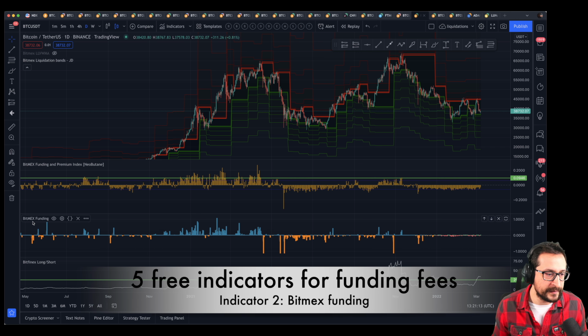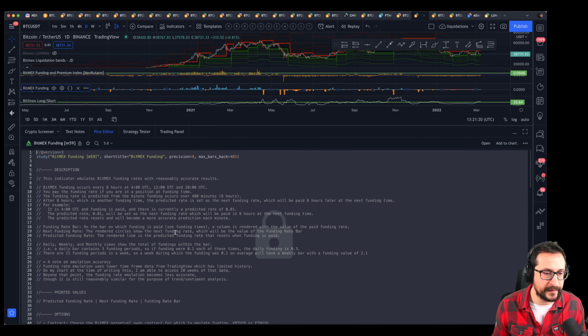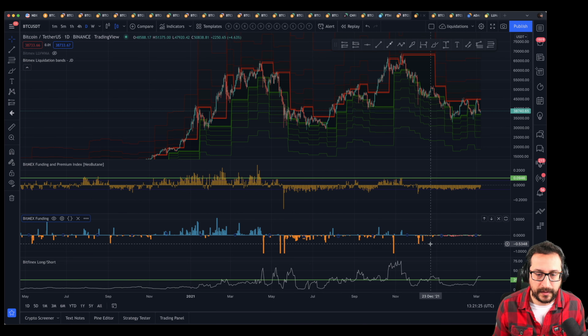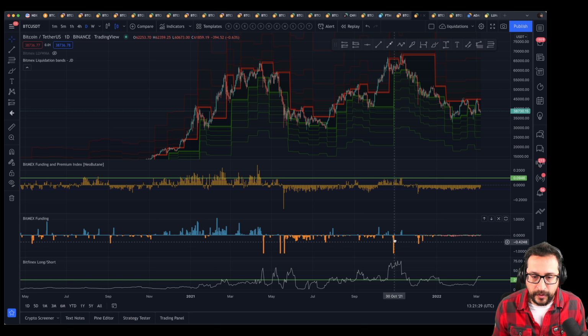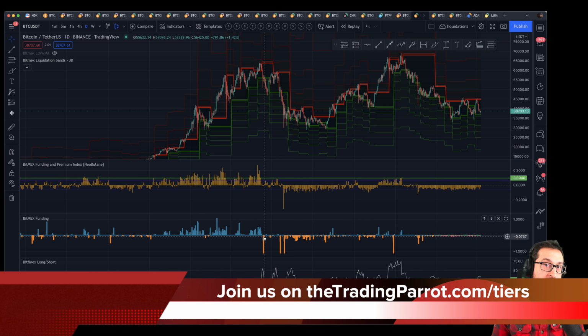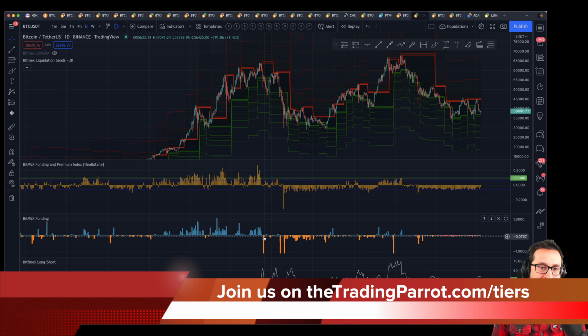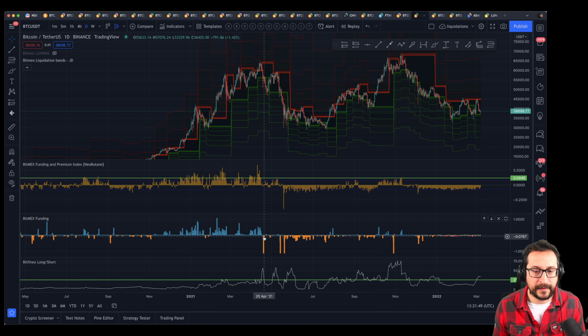Let's move on to the next indicator. This is called Bitmex funding. This indicator is again open source, and it plots in the chart in a very clear way whether there are more longs or shorts. This is another clear indication that there could be a massive trend reversal.